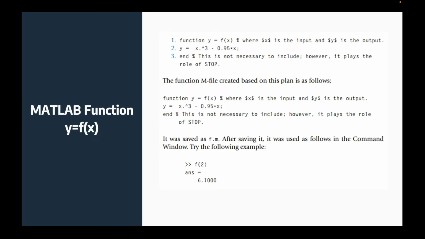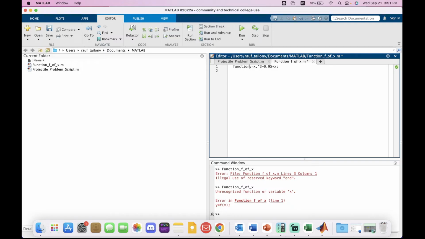So here, what you're doing is trying to define, as if you have on paper in your math class, f of x equals x to the power of 3 minus 0.95x. Then you try to plug in f of 2, so you replace x with the number 2 and see what the value is. That's what the program is doing for you here. But you have to identify a function called y, which has an equation inside of it.